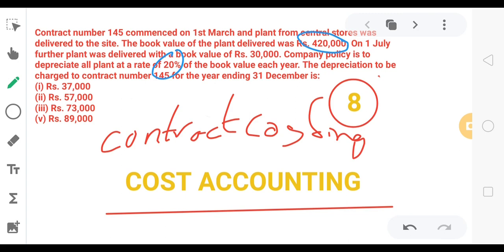Now we will calculate the depreciation charge for the year ending 31st December.